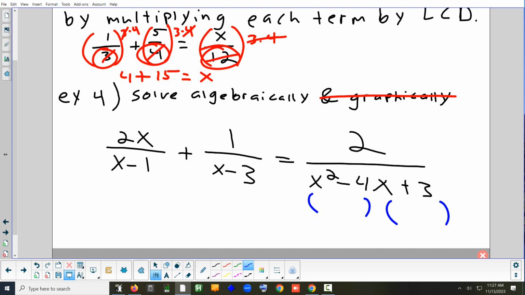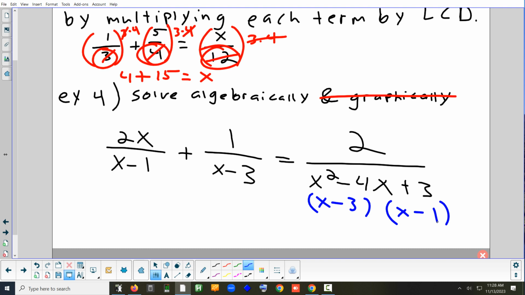It'd have to be an x. And you've got a negative in the middle and a positive constant. What does that mean about your signs? They both have to be negative. And now we need two numbers that multiply to give you 3. It's got to be a 3 and a 1. So is the denominator on the right the product of the two on the left?